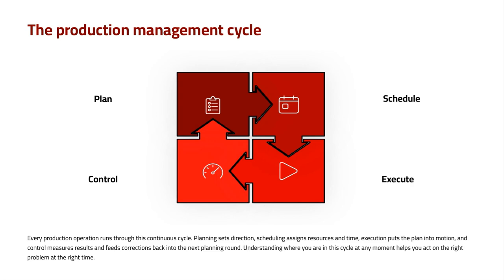Once scheduled, execution puts the plan into motion, turning ideas into action. Finally, control monitors the results, measuring performance, and feeding any corrections back into the next planning phase. This cycle is continuous, and knowing exactly where you're within at any given moment helps you focus on the right issues at the right time.